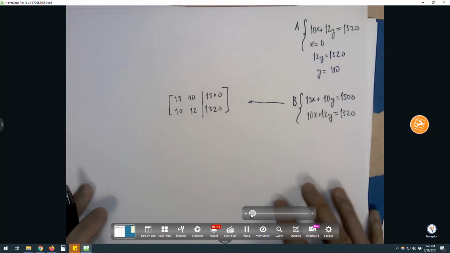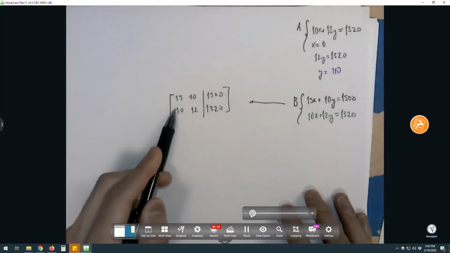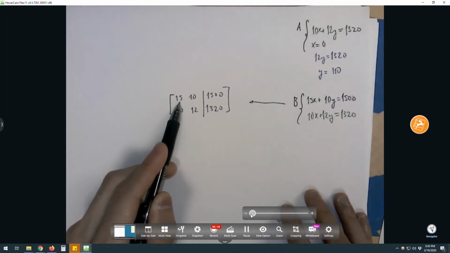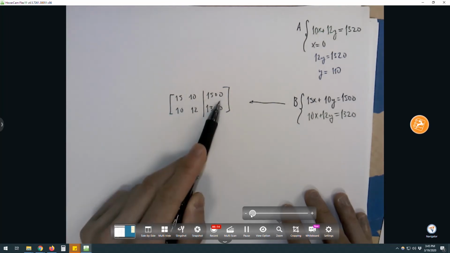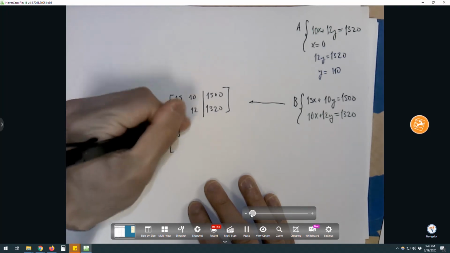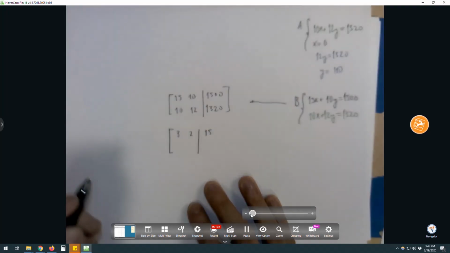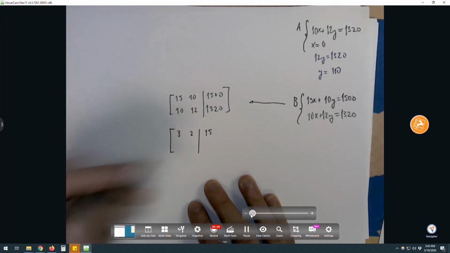So now what we can do is, we want to make this part 0, but I also would like this to be a 1. So maybe we could try to divide by 5, since these all have a common factor of 5. So 3, 2, and then 1500, so what did I do? Divide by 5, so that will be a 300.